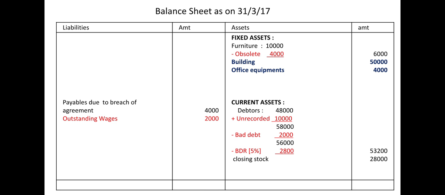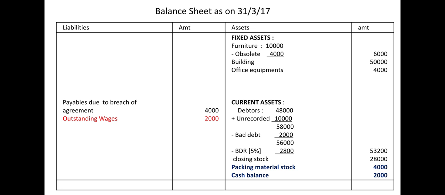So you can see I have written under fixed assets building and office equipments. And the next two are current assets, packing material stock and cash balance. They are our current assets. So you can see I have written under the heading of current assets. See the last two entries. Okay, so the debit side is over, student.